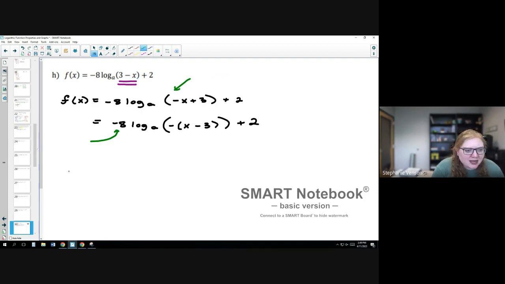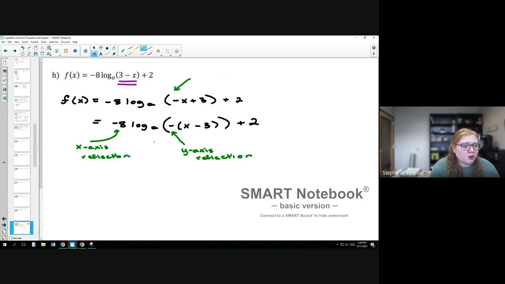So it must have had an x-axis reflection. I'll write that here. It's good to have these things labeled for note-taking purposes. But then this negative here on the inside of the parentheses, that indicates a y-axis reflection. So this must have had both an x-axis and a y-axis reflection.